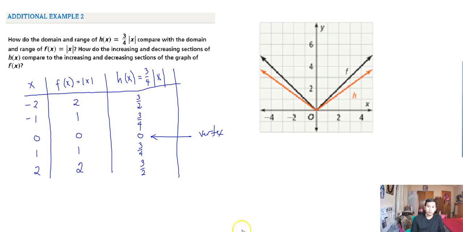So the domain and range of f and h are all the same.